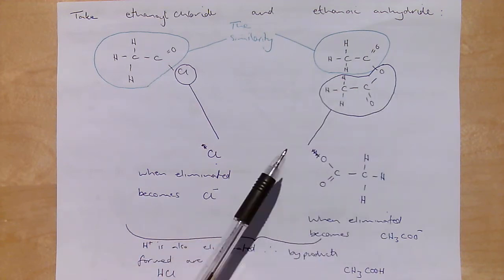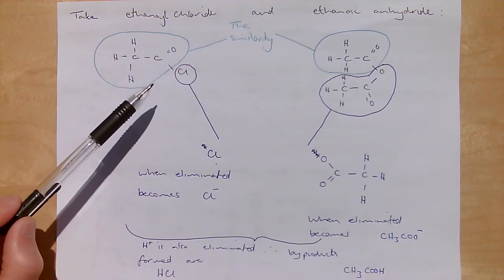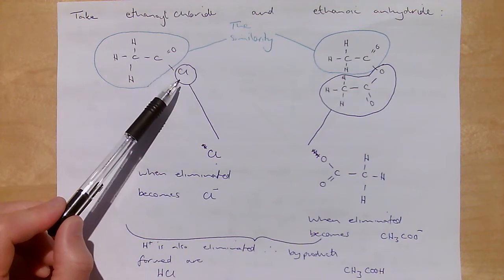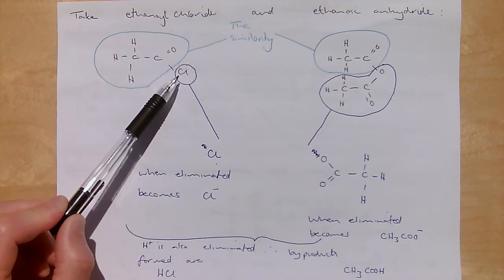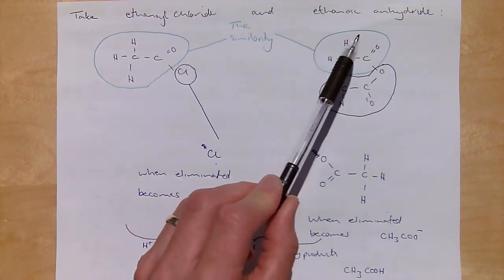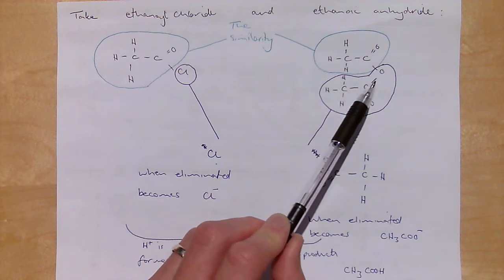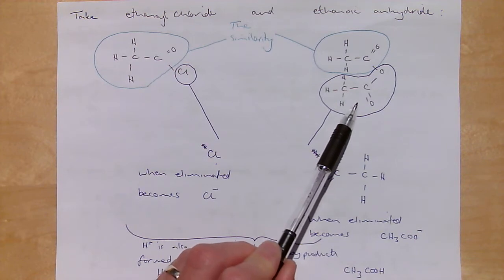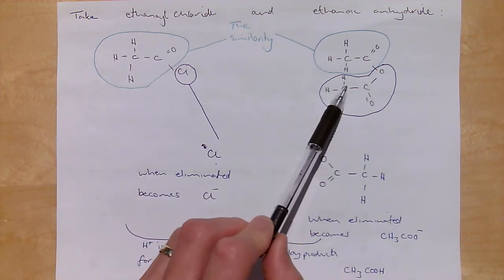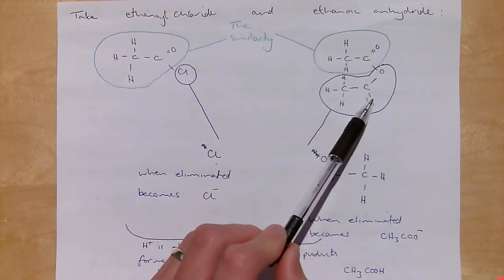If you think back to the acyl chloride reactions, the reactions follow exactly the same mechanism, so when we use ethanoic anhydride or an acid anhydride as one of our reactants, instead of eliminating the Cl, we're going to eliminate this CH3COO group.